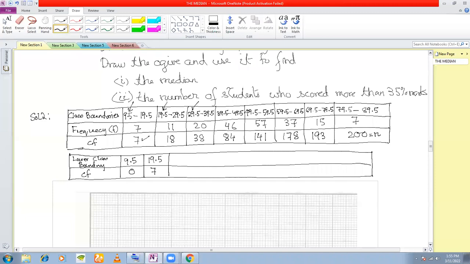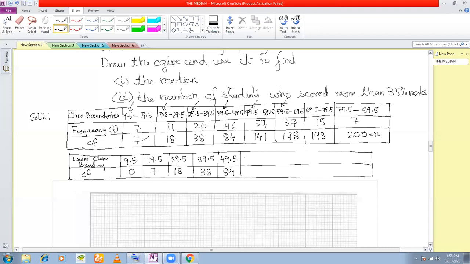The next lower class boundary is 29.5. And the next cumulative frequency that we are going to take here is 18. The next lower class boundary is 39.5, and the next cumulative frequency is 38. The next is 49.5, and the cumulative frequency is 84.